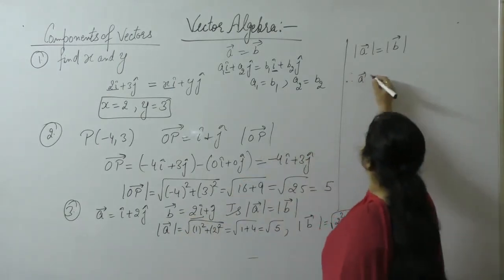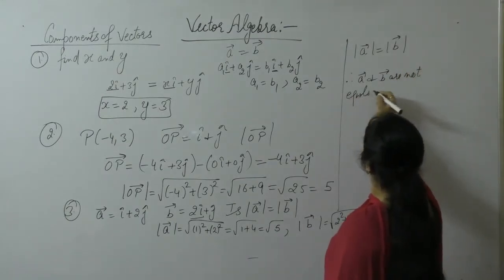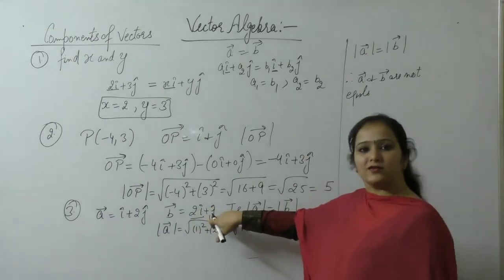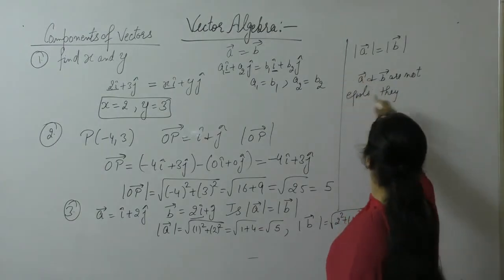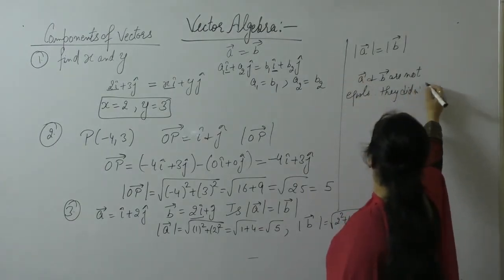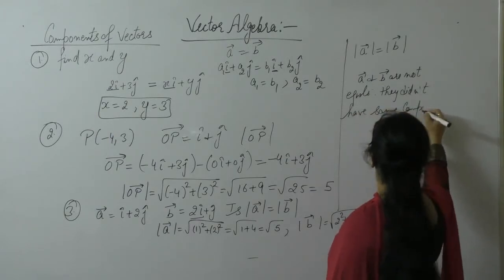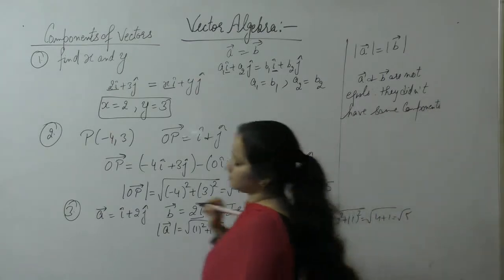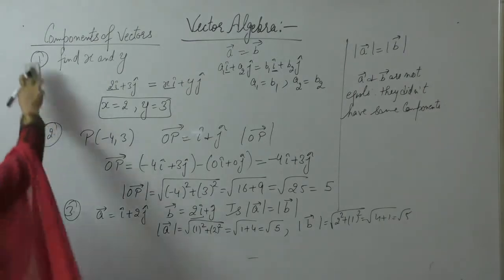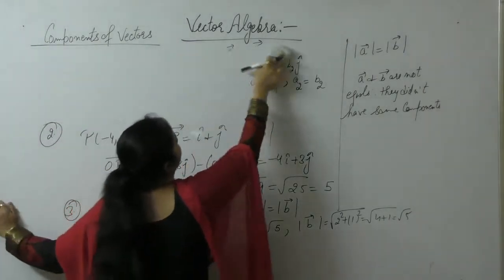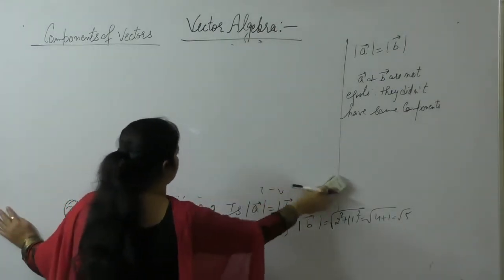Therefore, A vector and B vector are not equal vectors because they do not have the same components. Or we can say that corresponding components are not equal, therefore vector A and vector B are not equal vectors.